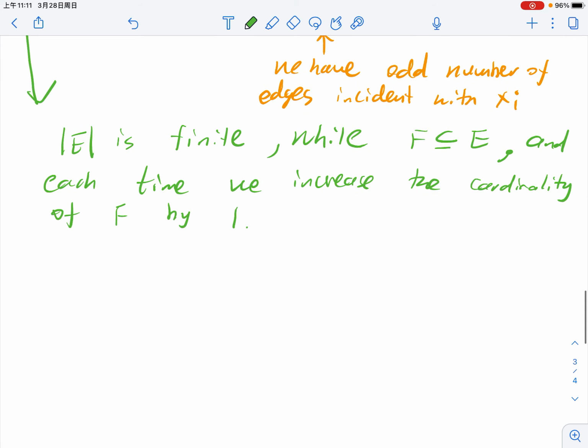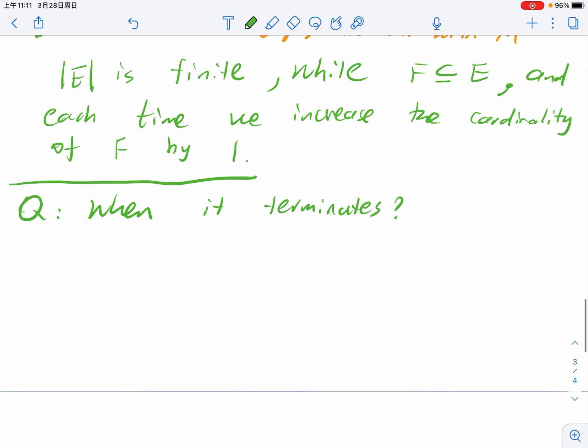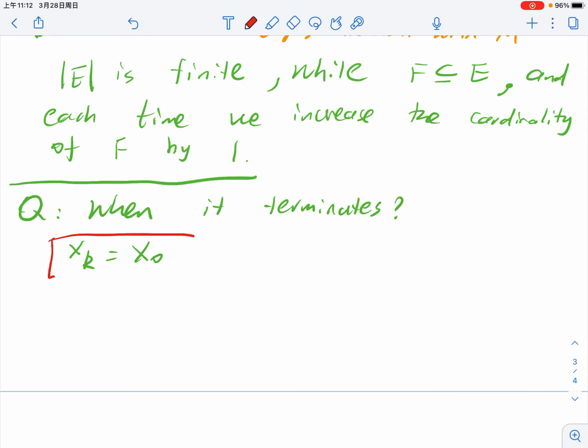And then the next question is when it terminates. From the program, it's easy to see: when you go back to x0, the starting point, the program terminates.